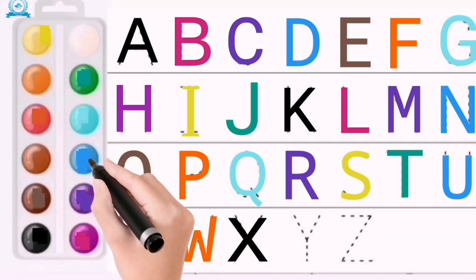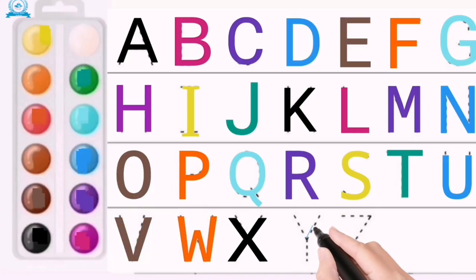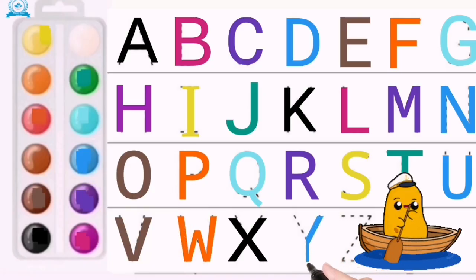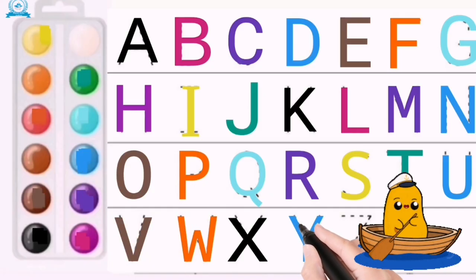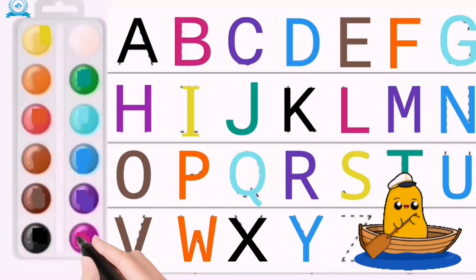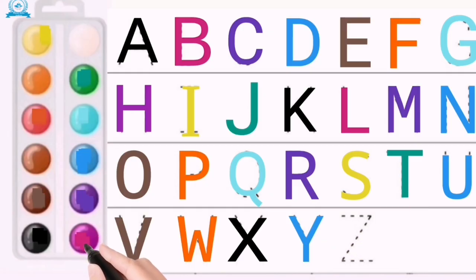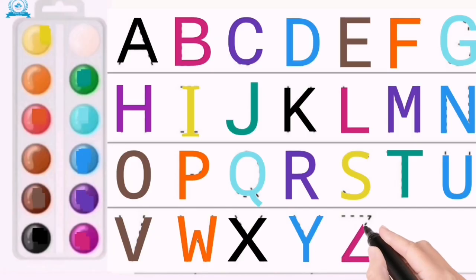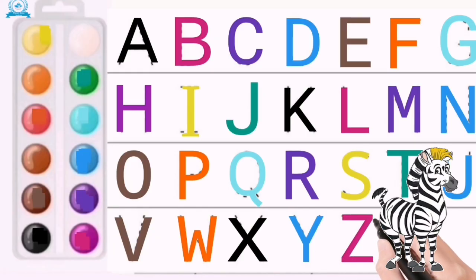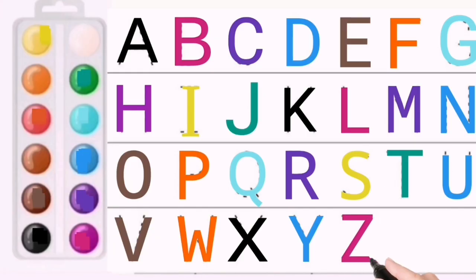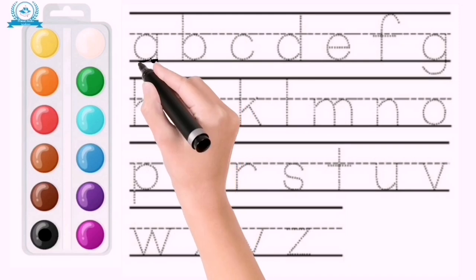Y is for yacht. Z is for zebra. Let's learn small ABC.